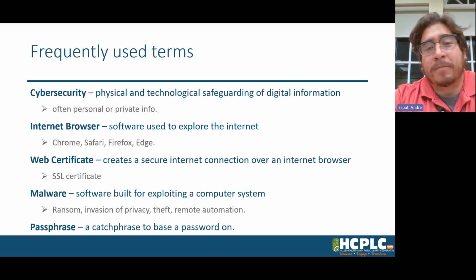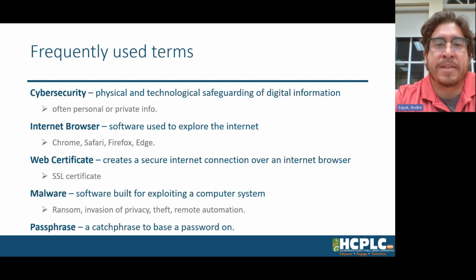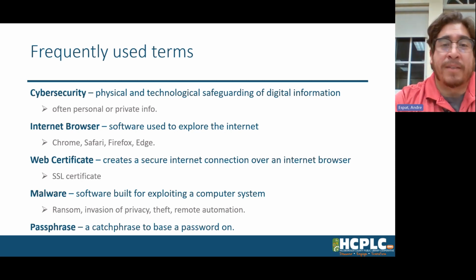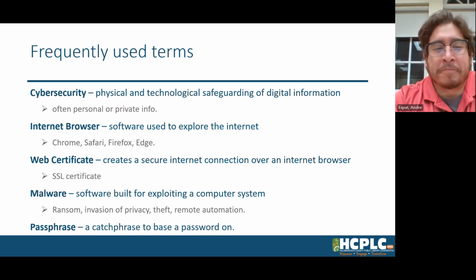Malware specific to theft, for stealing personal information or private data, documents, stuff like that, or even remote automation. So basically, there's malware that can hijack your computer and then turn it into a quote unquote zombie and force it to do things like become part of a botnet or even mine crypto.